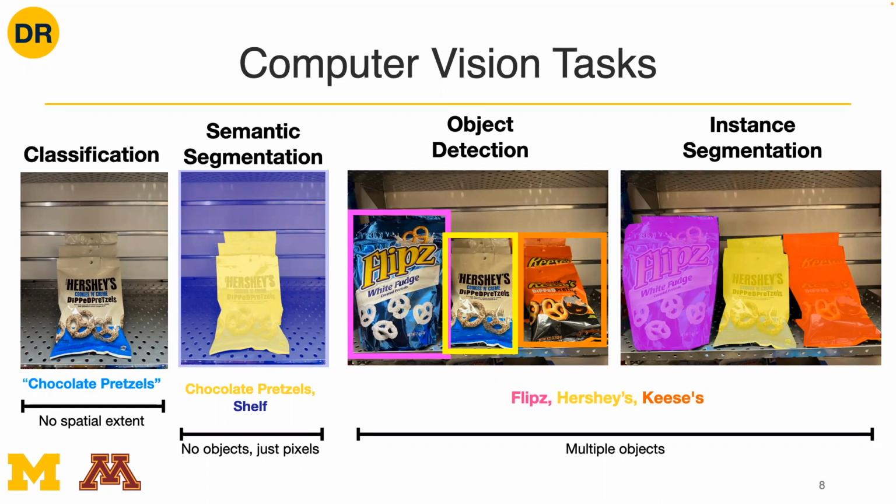But then you want to also do an instance segmentation that says, I want to differentiate between person 1, person 2, car 1 and car 2. So in this particular slide, what you're seeing is there is pretzel, but there are 3 different kinds of pretzels, like one is Flips, Hershey's, and Keys. So that is instance segmentation. So try to get an idea of what semantic segmentation is versus what an instance segmentation is.